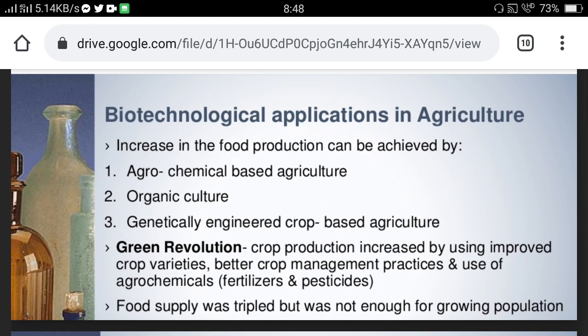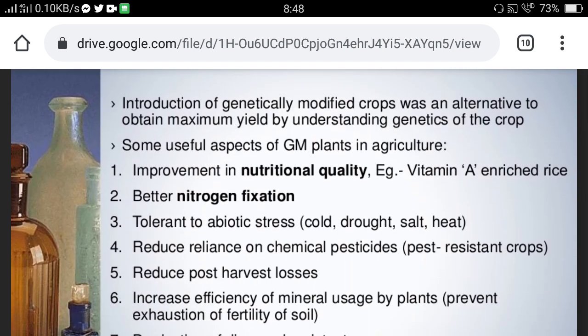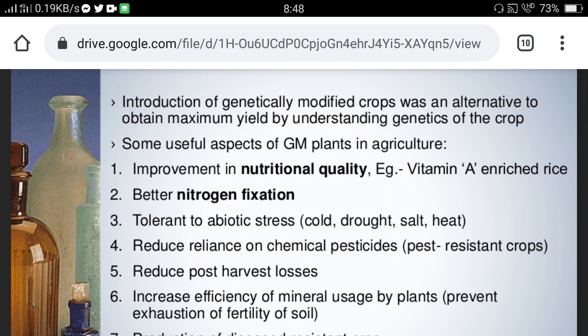In the Green Revolution, crop production increased by using improved crop varieties, better crop management practices and use of agrochemicals, fertilizers and pesticides. Food supply was tripled but was not enough for the growing population. Introduction of genetically modified crops was an alternative to obtain maximum yield by understanding the genetics of the crop.